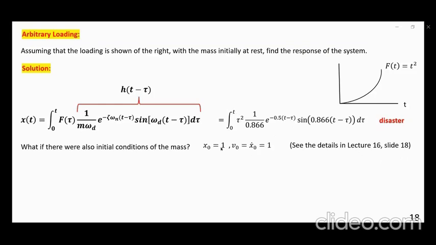Now, the question is, what if we have initial conditions here, like that? Again, go back to lecture 16, the previous lecture, slide 18. And for this particular problem, if you use the Duhamel integral, then no problem.